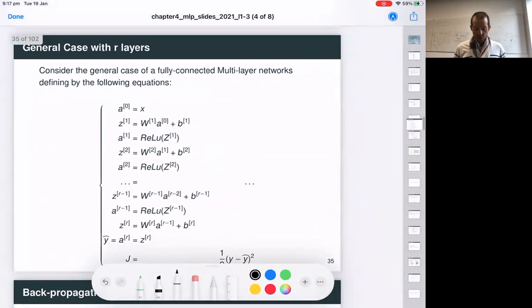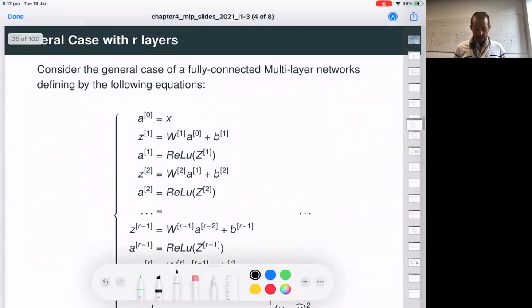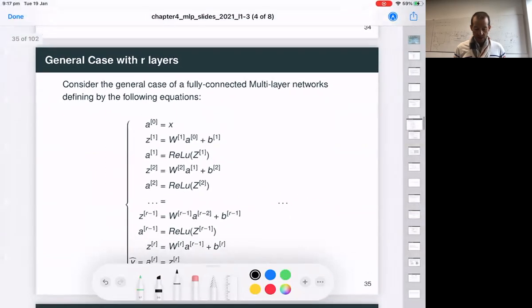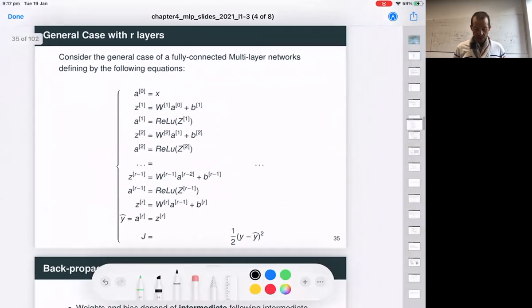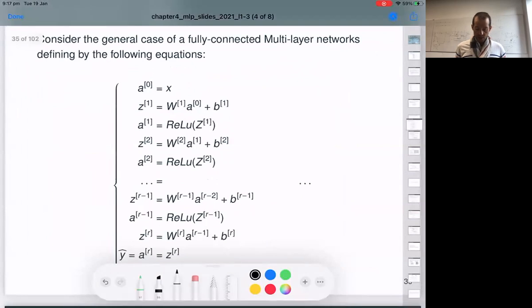So an extension of this we have seen is the general case with R layers. And on the chapter and on the slides, you have the derivation of the backpropagation algorithm for general fully connected multi-layer networks, which are defined by this equation.